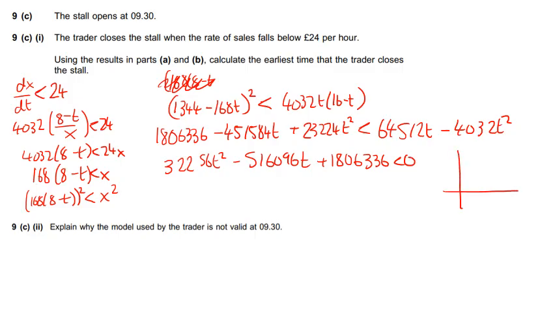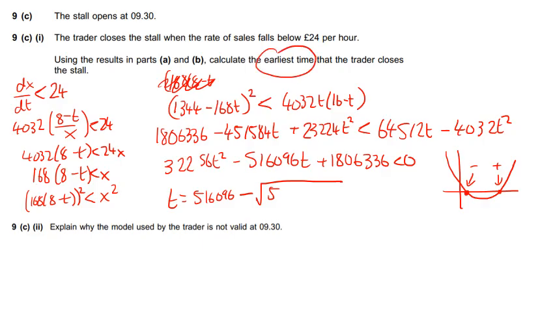Okay, so we're going to have some graph that looks like this, and what we're looking for is the smallest value. So we're going to use the quadratic formula. So we've got minus b, so 516096, plus or minus. But I'm going to take the minus one because I want the smaller value, because remember, we're looking for the earliest time that the trader closes.